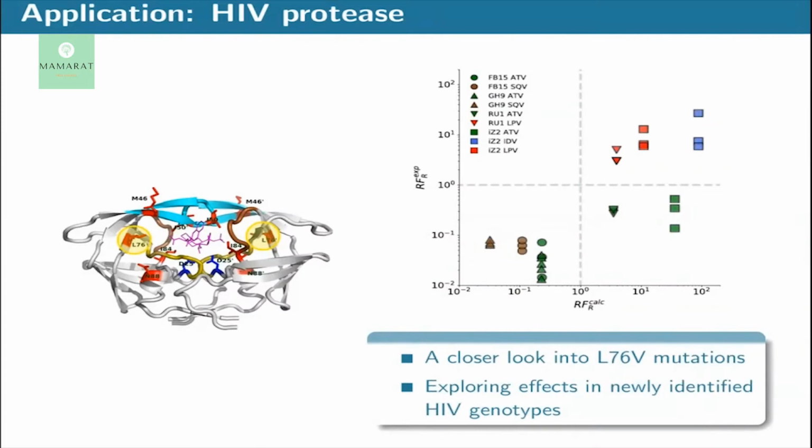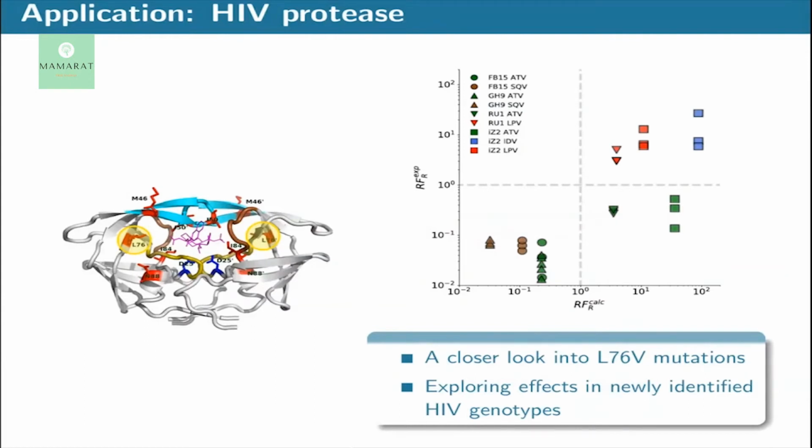So in particular, L76V that I have marked here, this mutation is also known to either induce resistance or susceptibility, and our collaborators have acquired a number of new genotypes that this mutation appears in.